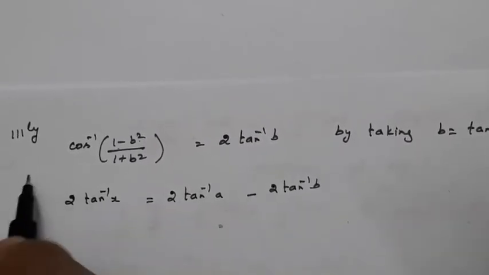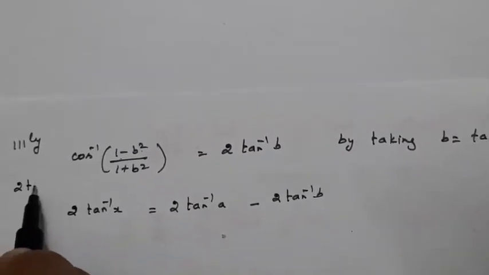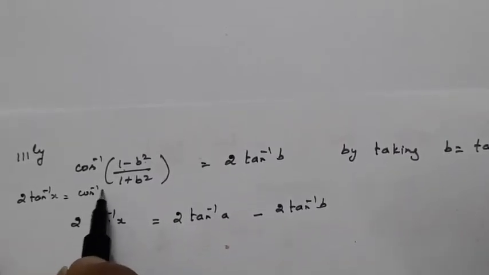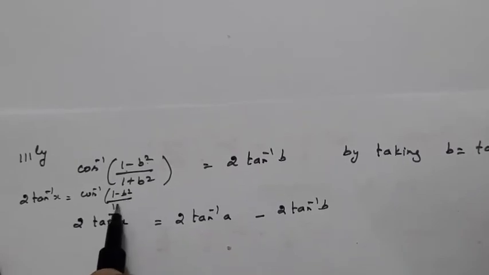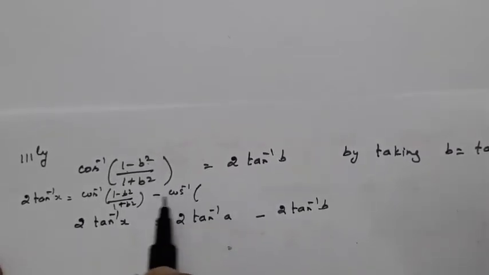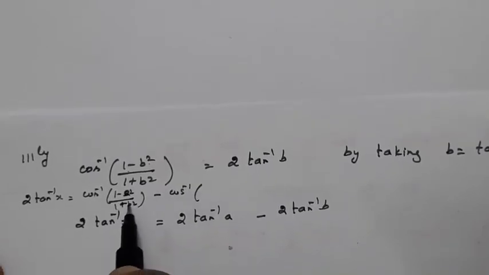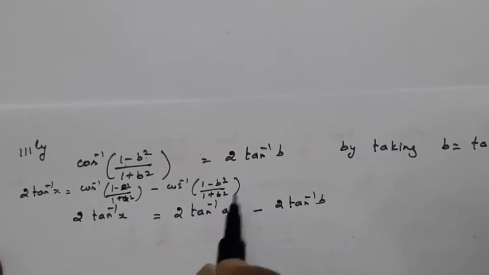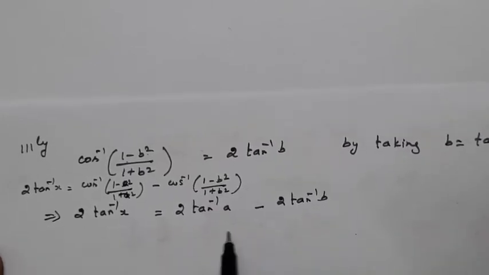So that means here you have to write 2 tan inverse of x is equal to 2 tan inverse of a minus 2 tan inverse of b.